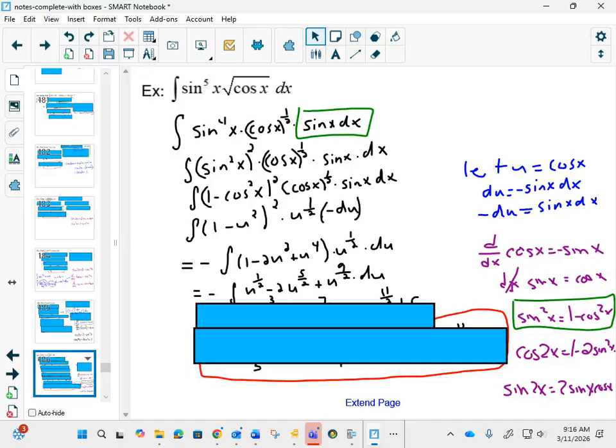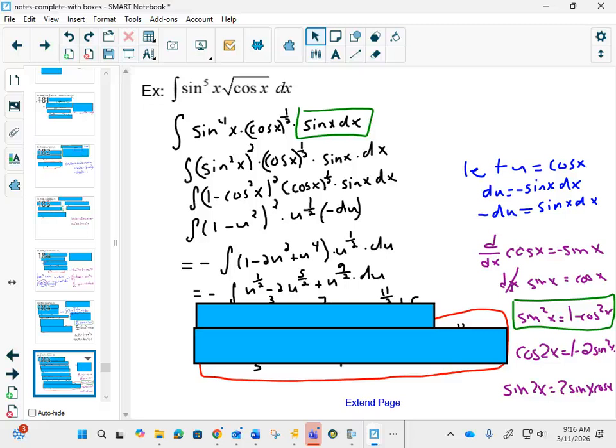My grade 9s would argue otherwise, but it's basically grade 9. Expanding this squared and multiplying by your u to the half is grade 9 exponent laws and distribution.